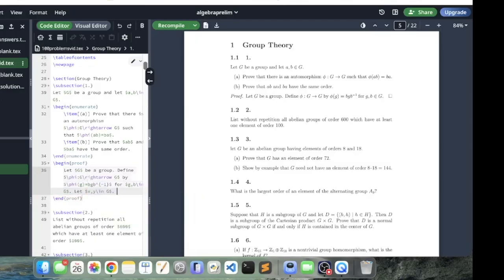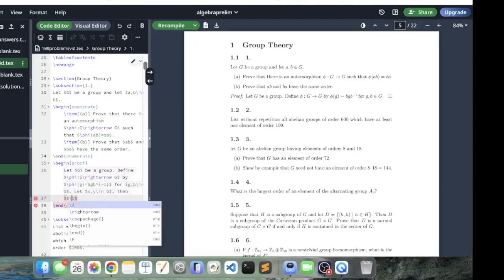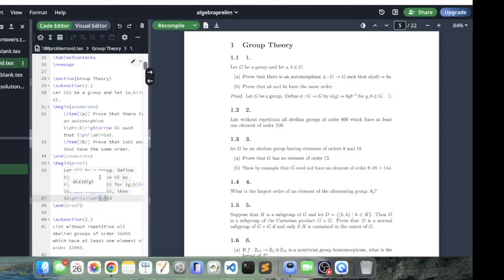We'll start with homomorphism. Pick 2 elements in the group. Then look at the product of the images. We get something that looks like this.